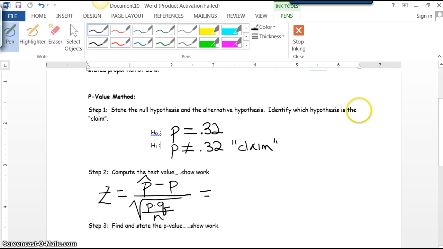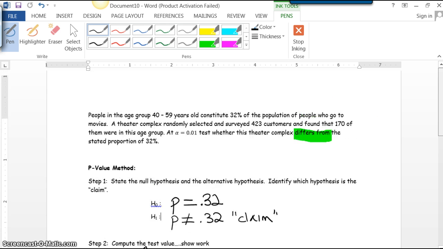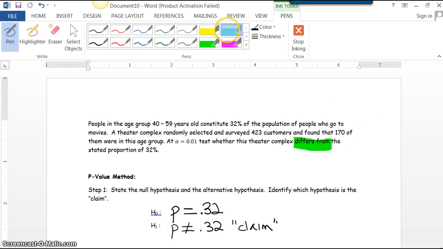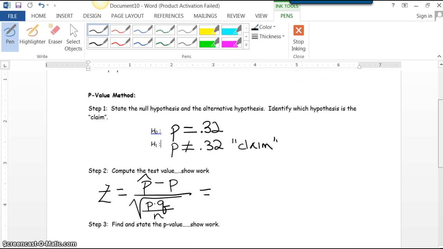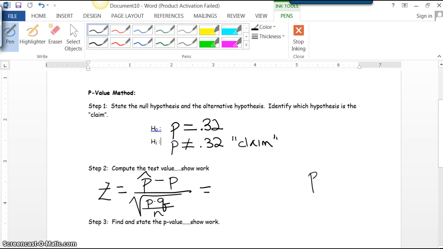The p hat is formed by looking at these numbers. Out of the 423 customers, 170 of them were in this age group, and so 170 over 423 is going to be the sample proportion, p hat.